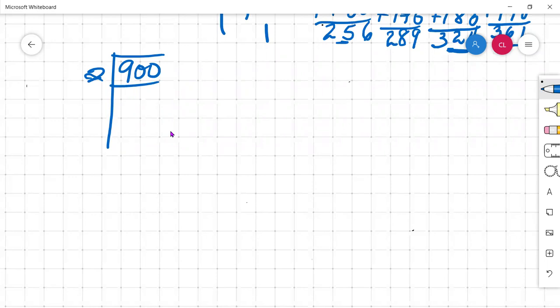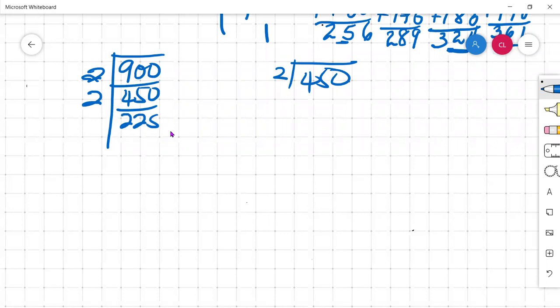Let me fix up my 2 and make it a little bit neater. So this is 450. Again, this is an even number, so 2 can go into this again. What's the answer? 450 divided by 2. 225. Okay, so this is 225.